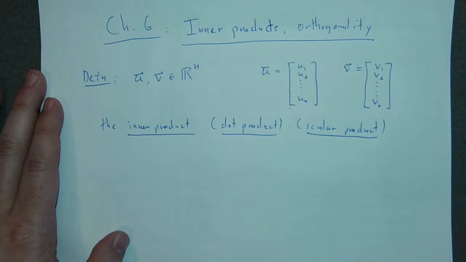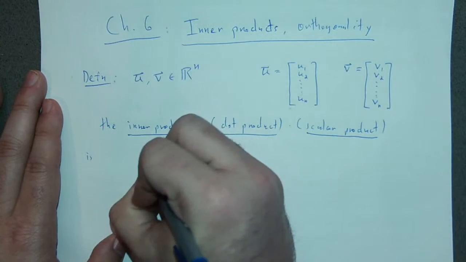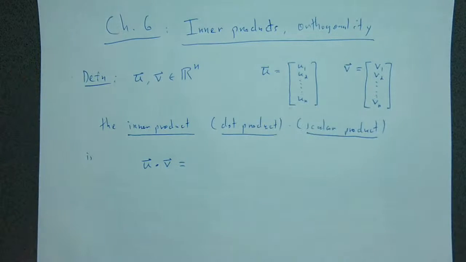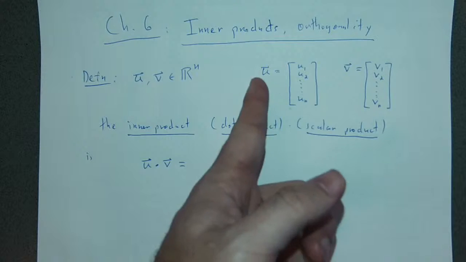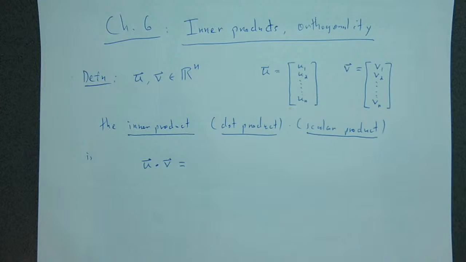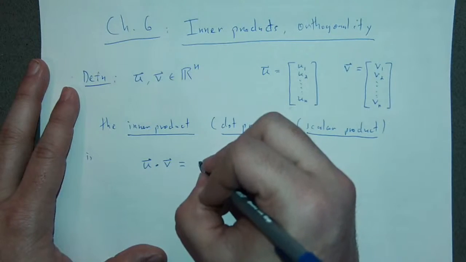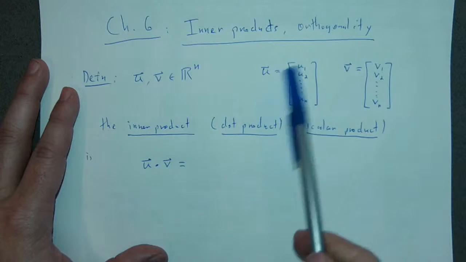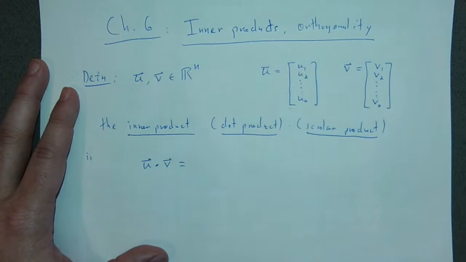And so what is this thing? This is u dotted with v. And you'll see immediately why it's called the scalar product, because of course we started with two vectors u and v. We dot them together. What do we get? It's literally just adding the product of the entries component-wise.